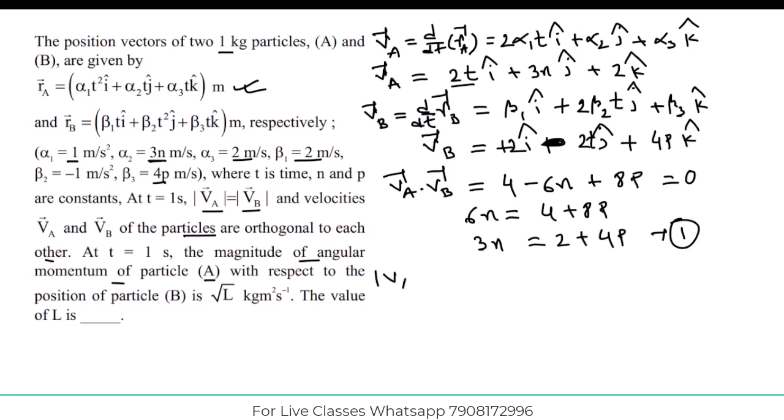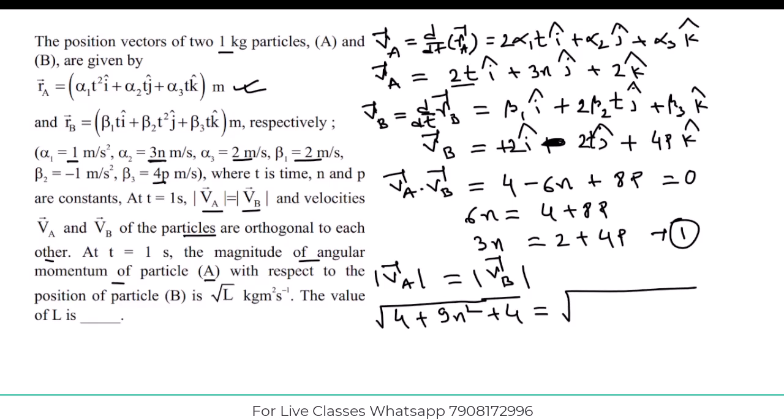And again, mod of VA is equal to mod of VB. So now mod VA, so VA is 2t i cap, and t is 1, that is root over 2 square, that is 4, plus 3n square, that is 9n square, plus 4, is equal to mod of VB, that is VB is 2 i, that is 4, minus 2t j cap, so plus 4, plus 4p k cap, that is 16p square.